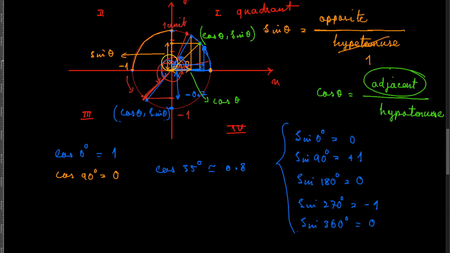When you get here, the line has already moved to the maximum in the other direction, and you would be measuring this length along the x-axis, which is equal to -1, right? So the cos of 180 degrees is equal to -1.